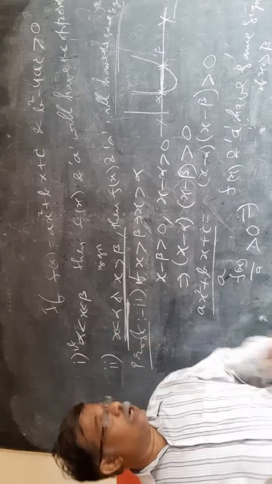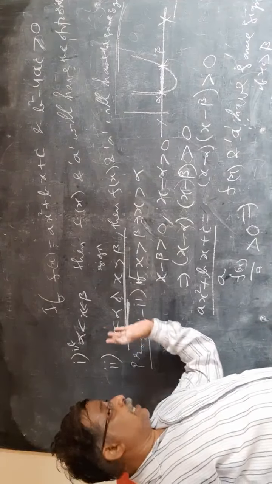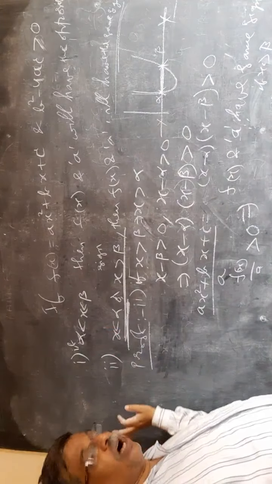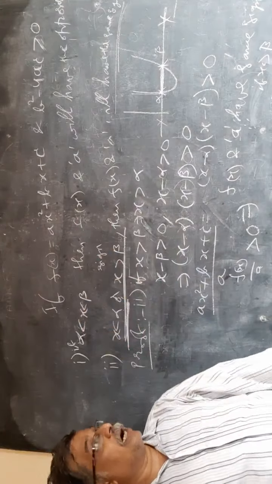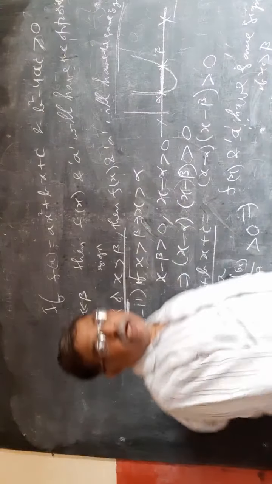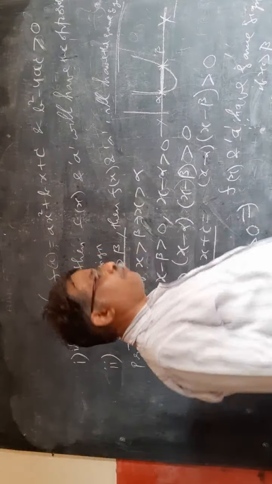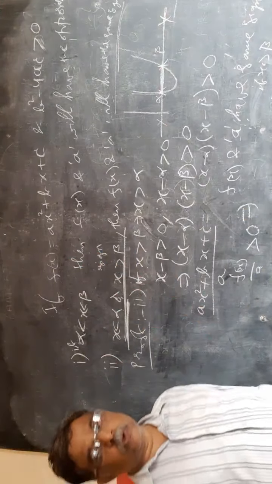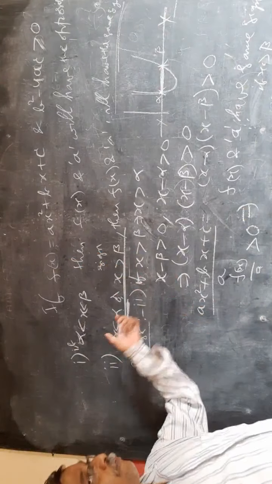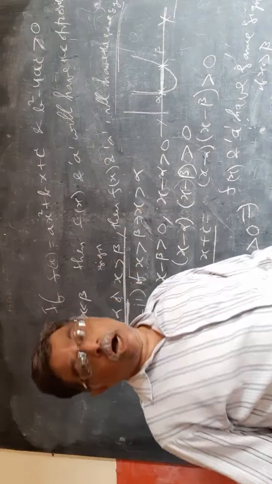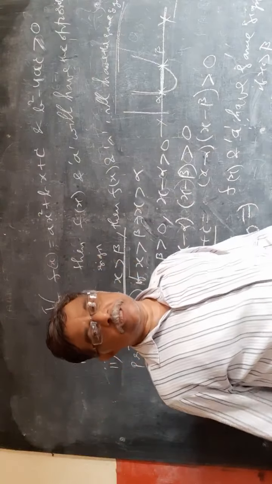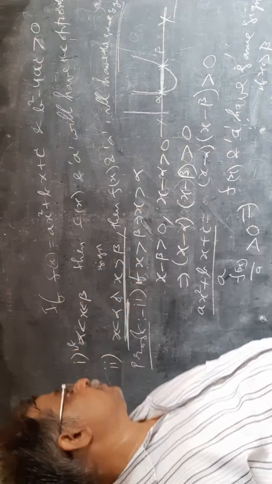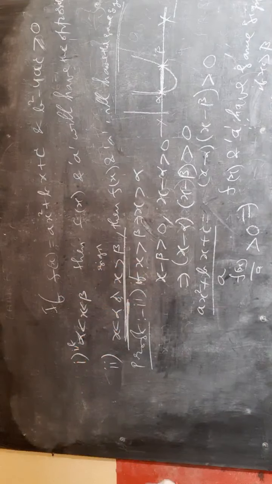If it contains real roots and x is on the left side of alpha or right side of beta, then f of x and a will have the same sign. If x lies between those two values, alpha and beta, then f of x and a will have opposite signs. This sign conversion is very important for your 2 marks questions.